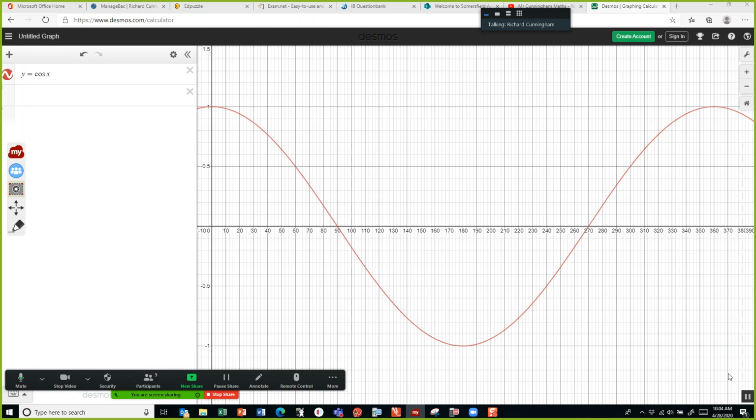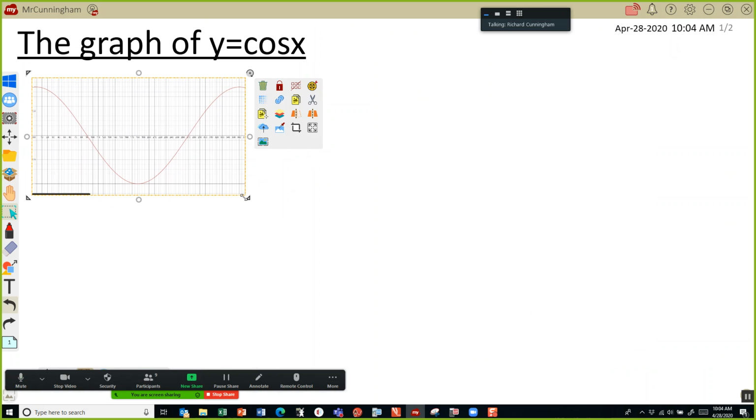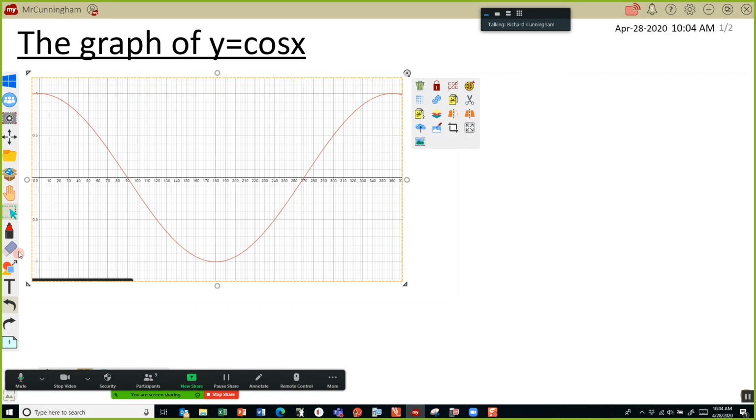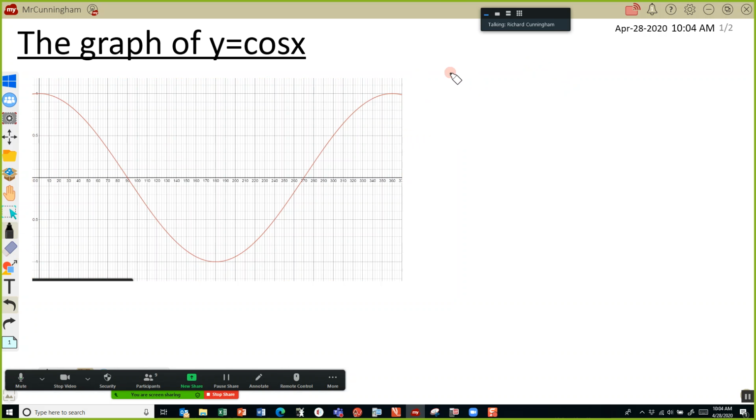So this is our y equals cos x, in degrees. And we have got our key points: 180, 90, 270, 360. It goes as high as 1, and it goes as low as -1.